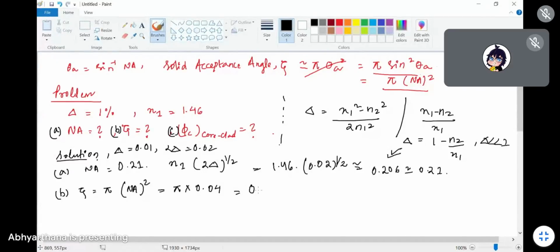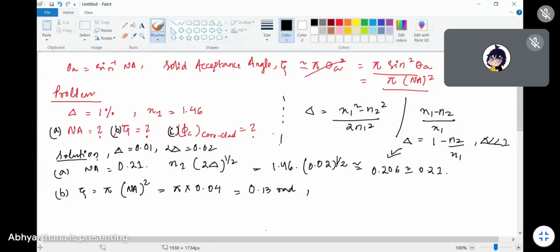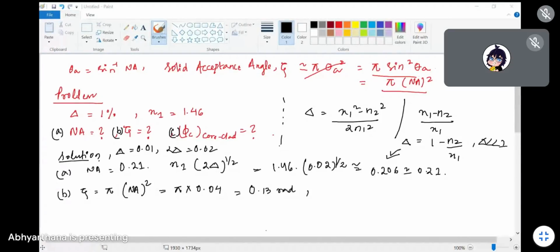So it is 0.13 radians, as given by 2 students. Actually, Pooja has also given in degrees. No, sorry, radians. One second. Have you given the critical angle as 81 degrees, or have you changed?